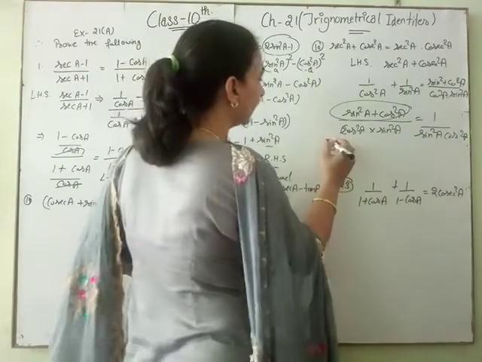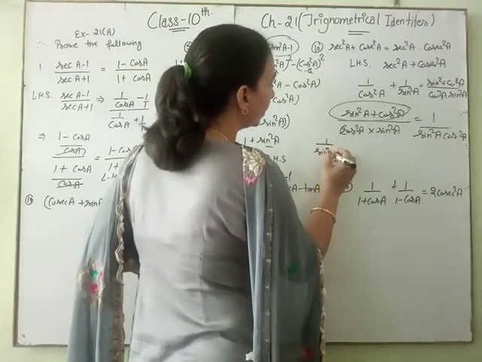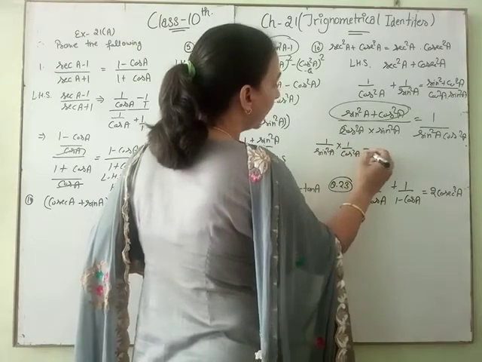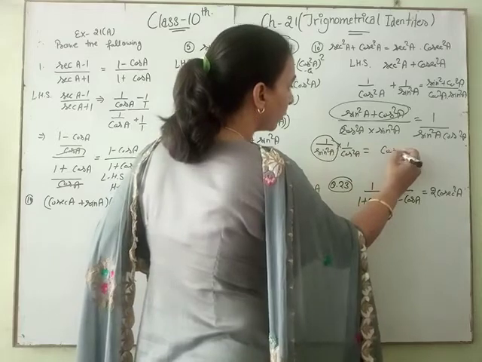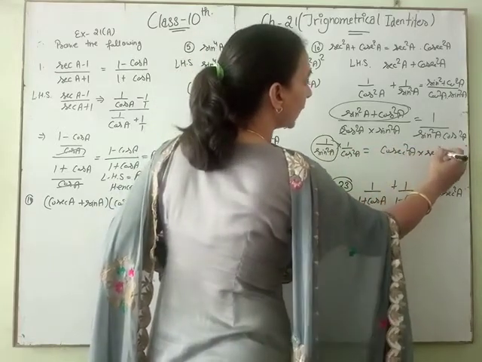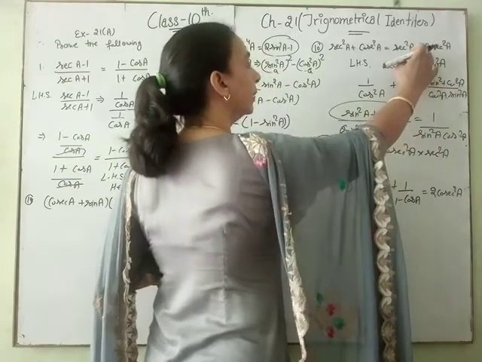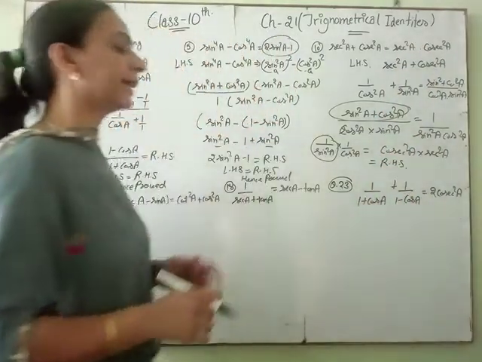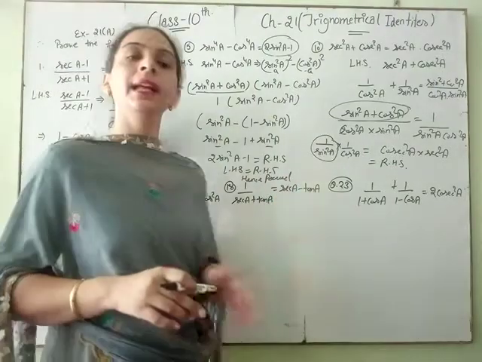So we write this as 1 by sine square A multiplied by 1 by cos square A, which equals cosecant square A into secant square A, and this equals the right hand side. Left hand side equals right hand side, hence proved.